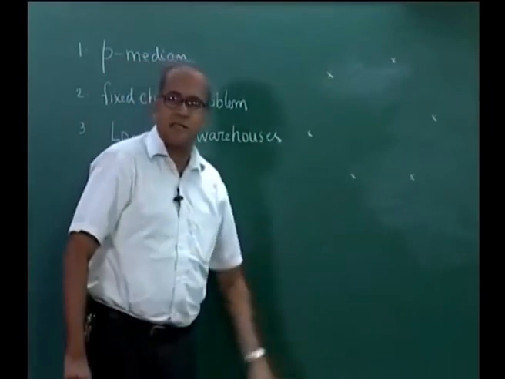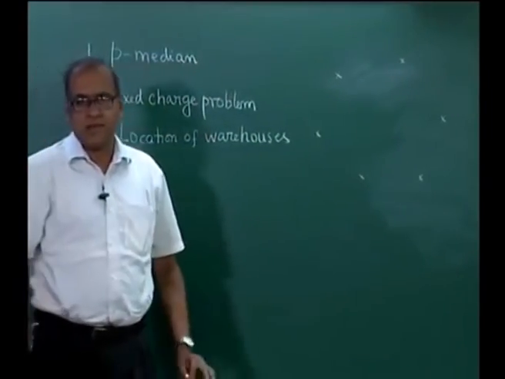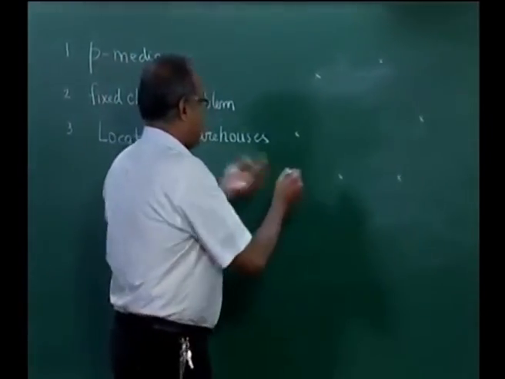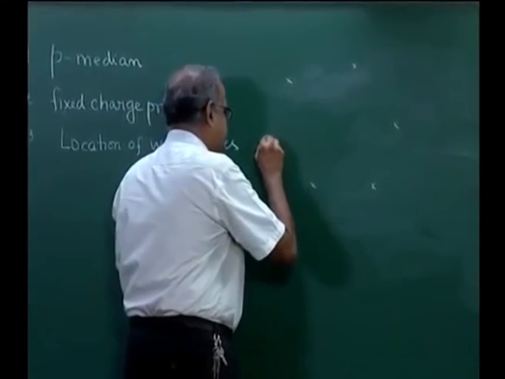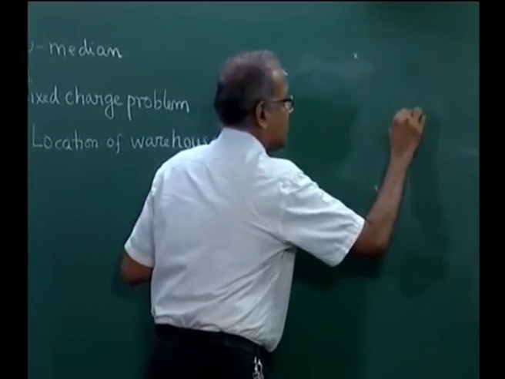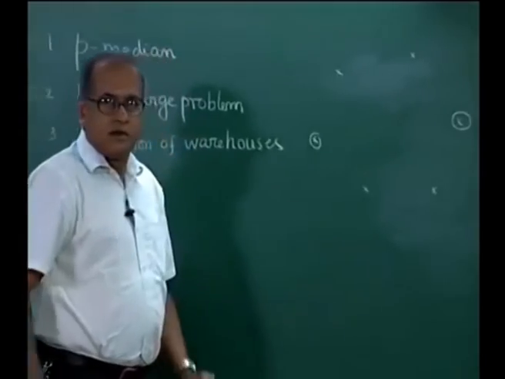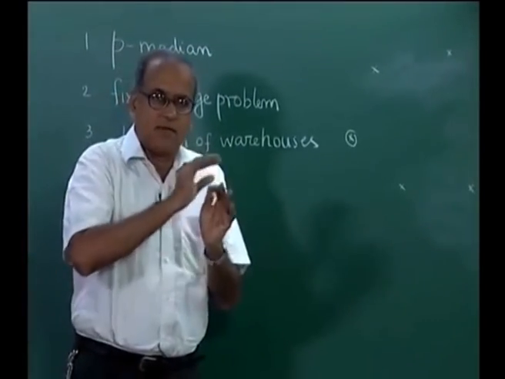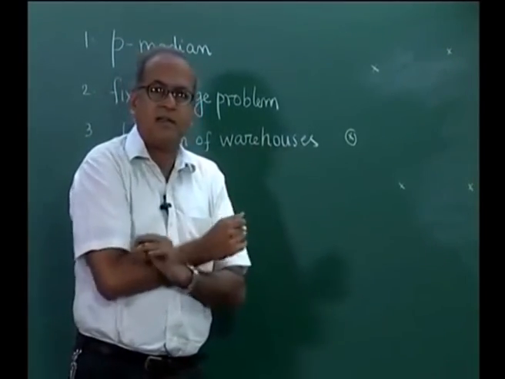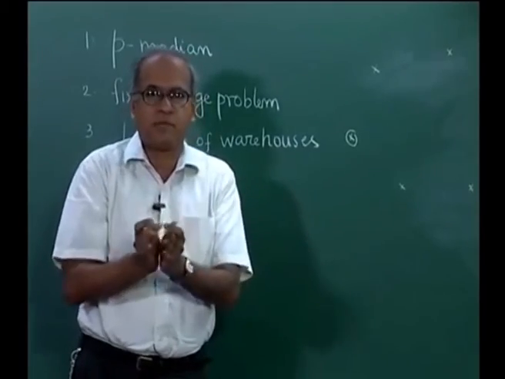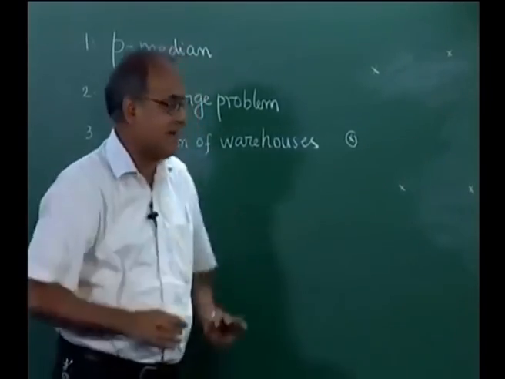Now, which of these 6 will be the medians, such that, for example, these 2 are the medians. First let me describe this problem mathematically, then I will describe this problem with respect to the context in which we are looking at it.